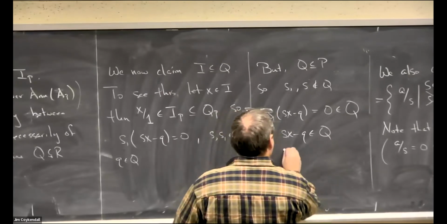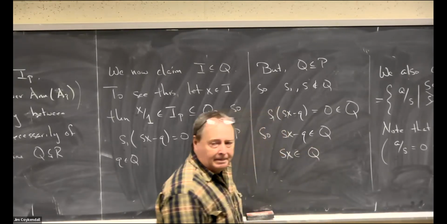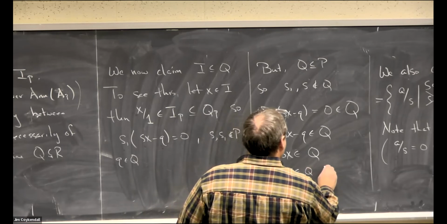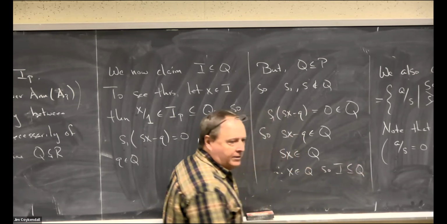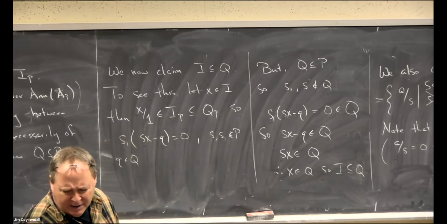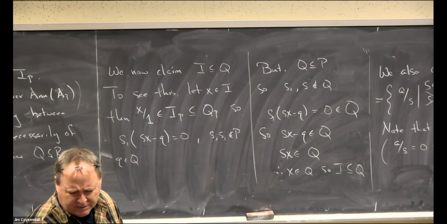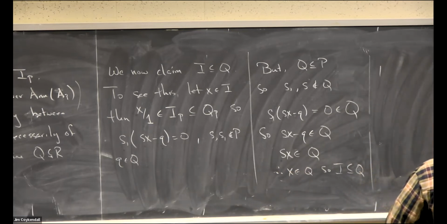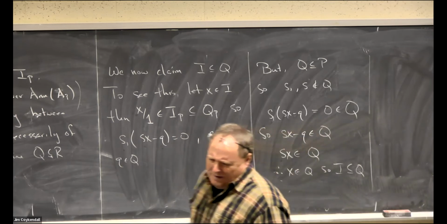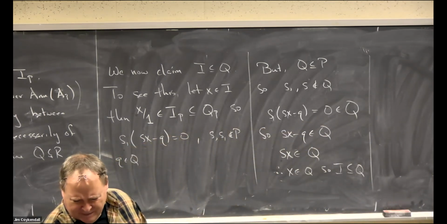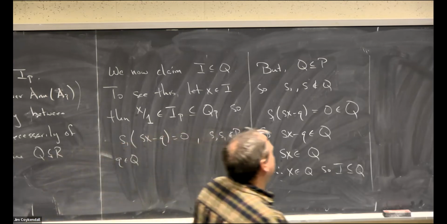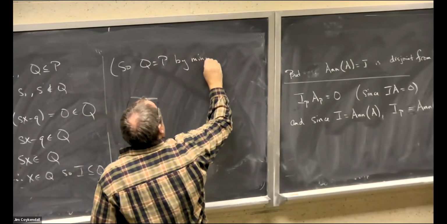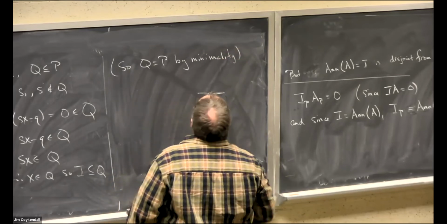But Q is in Q, so SX is in Q. But S is not in Q, therefore X is in Q. So we get our desired conclusion that anything in I must be in Q. So by minimality of P, Q equals P by minimality.